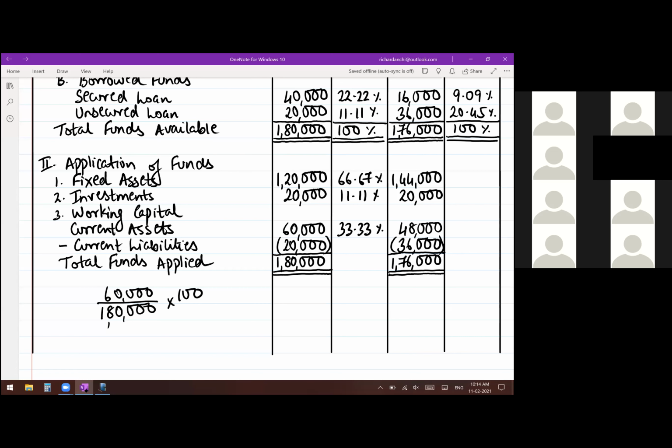And then the last item, current liabilities, 20,000 again, which is already calculated on top. Only change, you will write it in a bracket, that is 11.11%. Same. If you take the total, that comes to 100%.